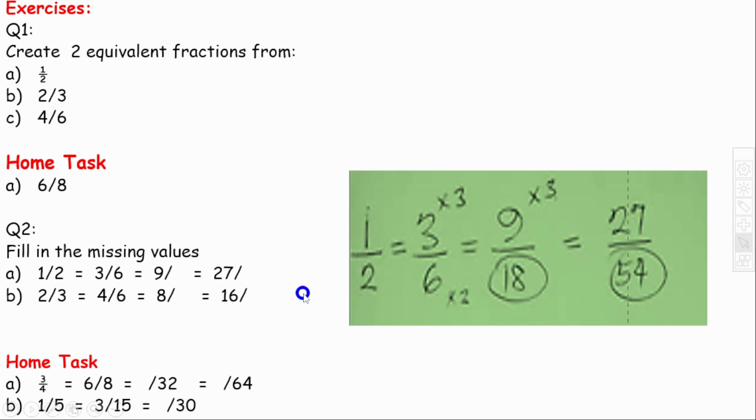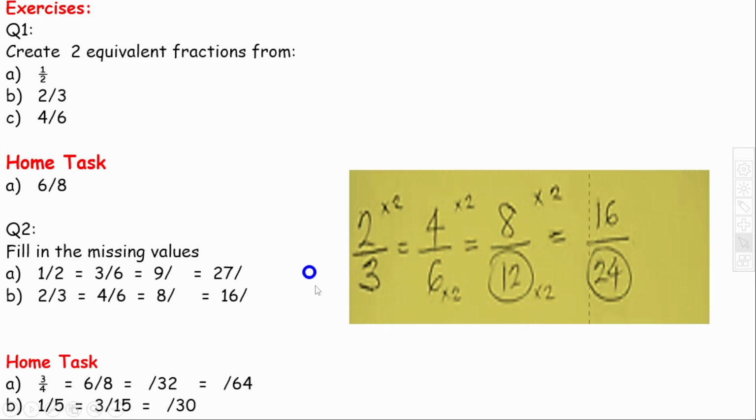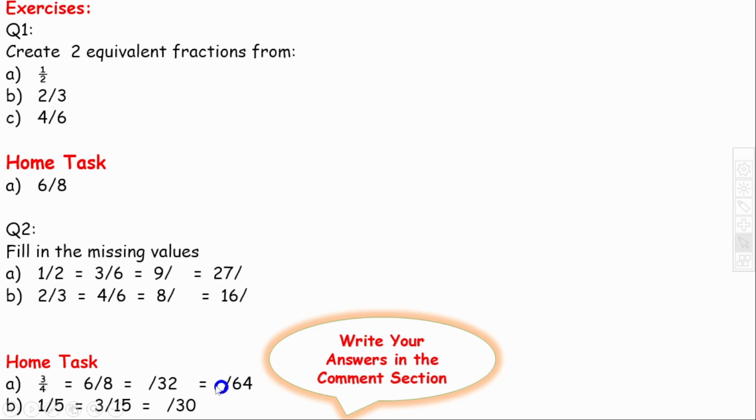Now let's do the second question. Now that we've done some examples, try to solve this as your home task and write out the missing values from these questions. Write your answers in the comment section.